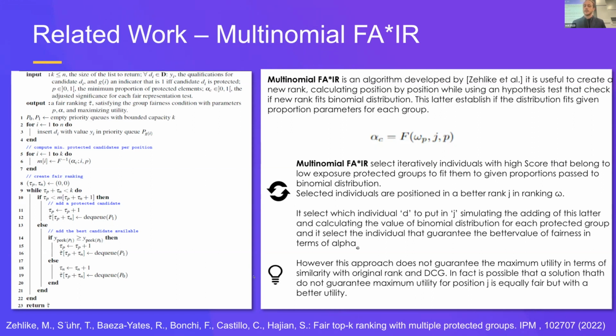And it selects the individual that guarantees the better value of fairness in terms of alpha. However, this approach does not guarantee the maximum utility in terms of similarity with the original rank and discounted cumulative gain. In fact, it's possible that a solution that does not guarantee maximum utility for position j is equally fair, but with a better utility.